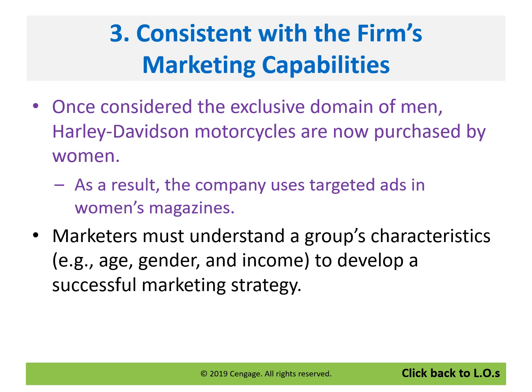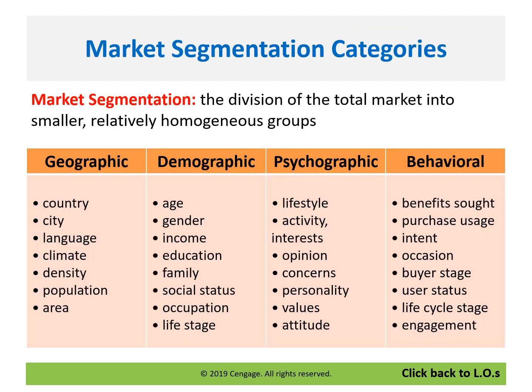So marketers must understand a group's characteristics like, for example, the age, gender, and income to develop a successful marketing strategy. Again, market segmentation means the division of the total market into smaller, relatively homogeneous groups. The main categories are geographic, demographic, psychographic, and behavioral segmentation.